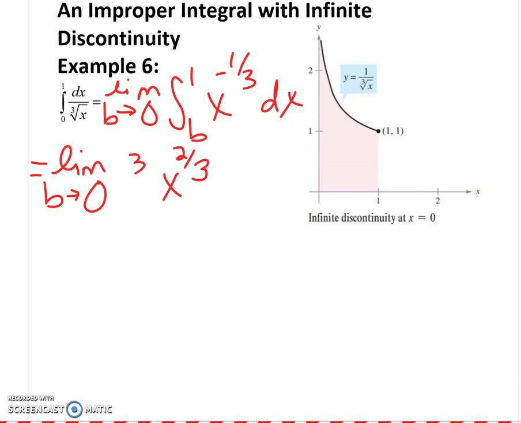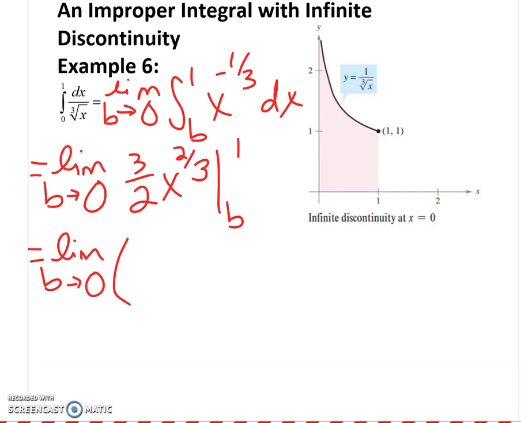And my coefficient is 3/2 from b to 1. So that's the limit as b goes to 0 of 3/2 times 1 to the 2/3 minus 3/2 times b to the 2/3 power.